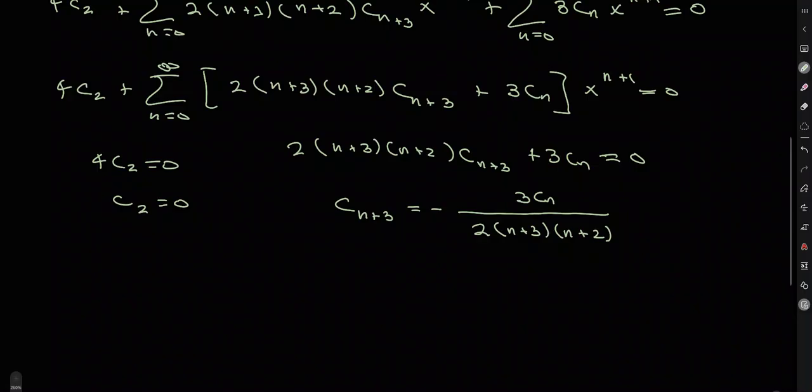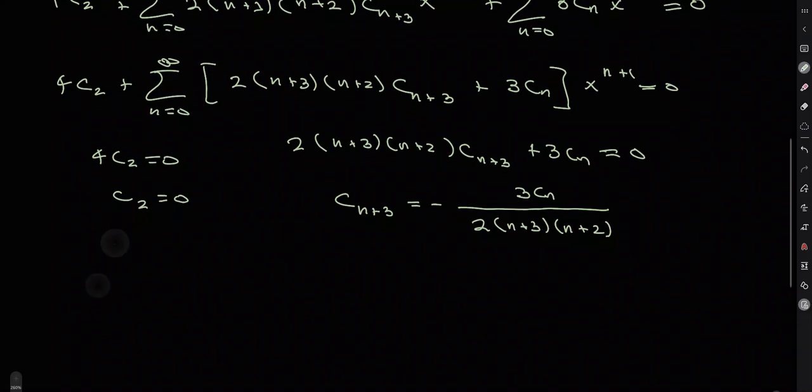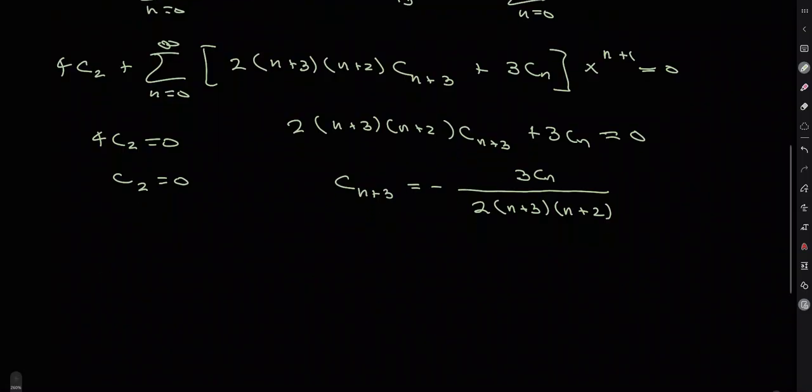Well, number one, it seems like each coefficient that we're going to obtain will depend on the coefficient three indices earlier. That's because the difference between n plus 3 and n is 3 units.